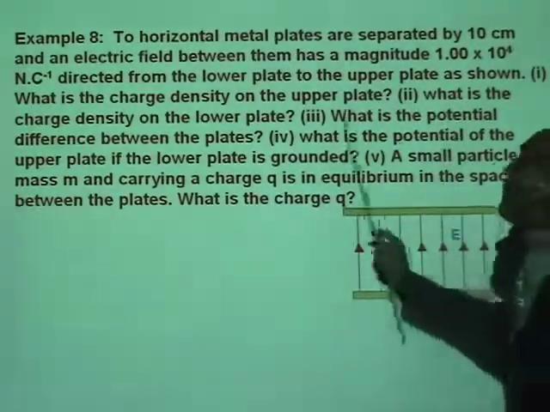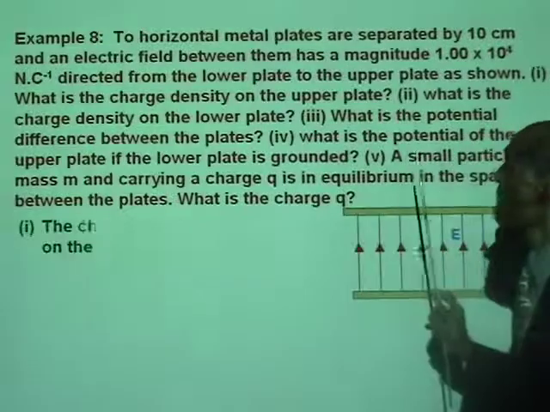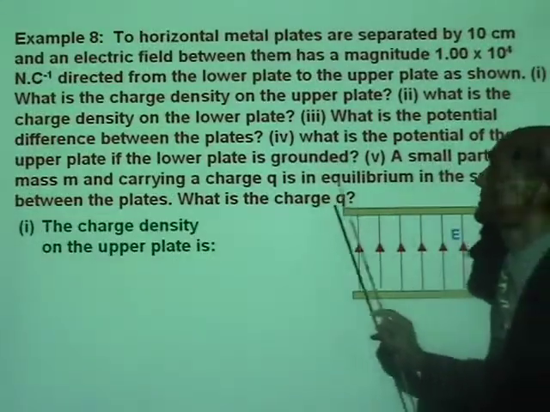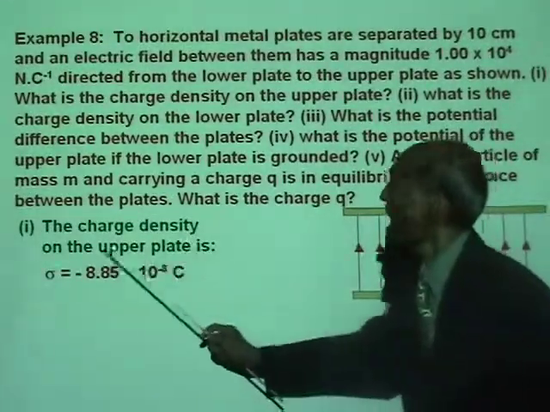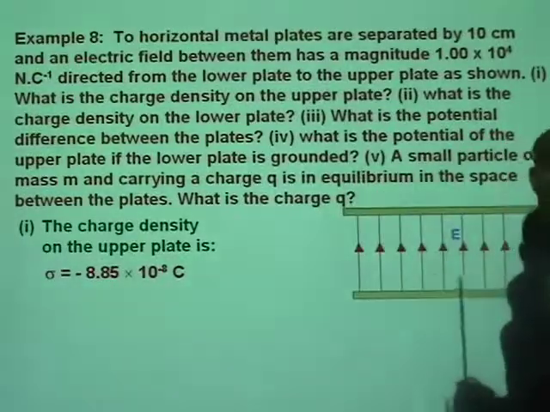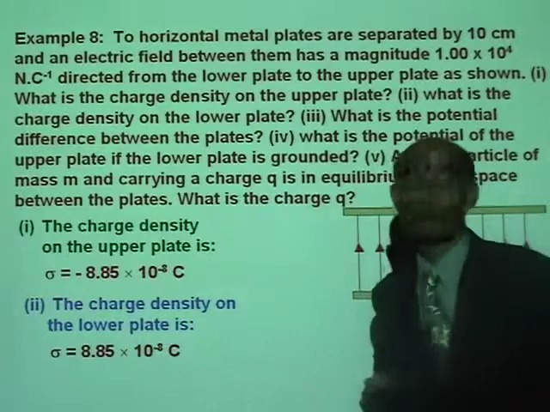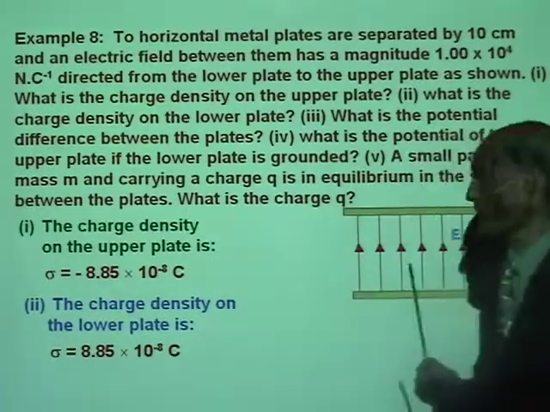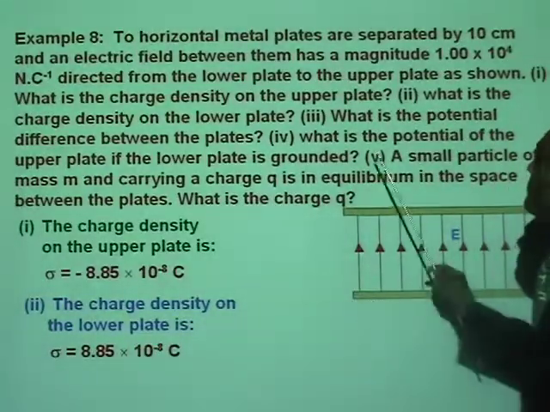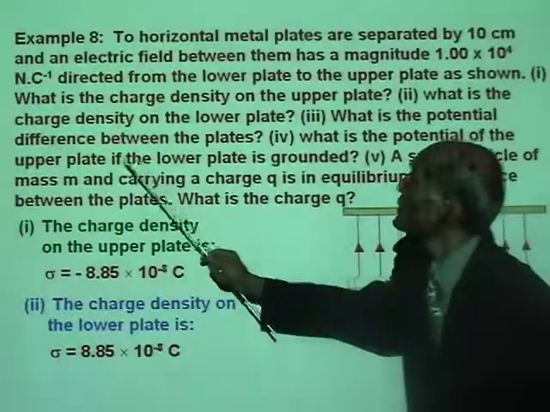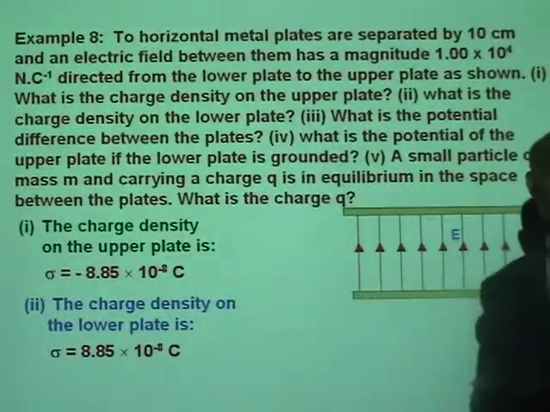Second, what is the charge density on the lower plate? Well, the charge density on the upper plate is negative and the charge density on the lower plate is the same quantity but positive.